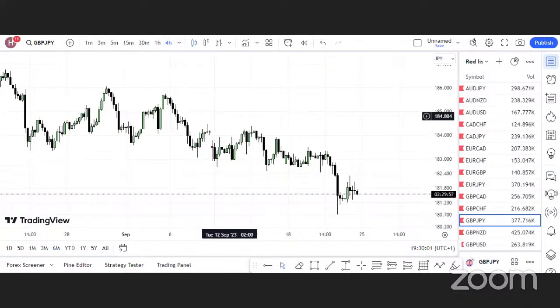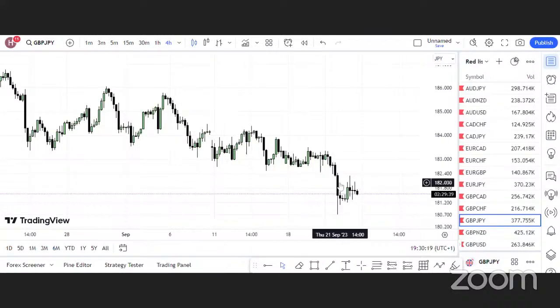On the 4 hour time frame, I want to get the overall direction of my trend. From just looking at this, you could tell the trend is a downtrend. You see the market is going down.